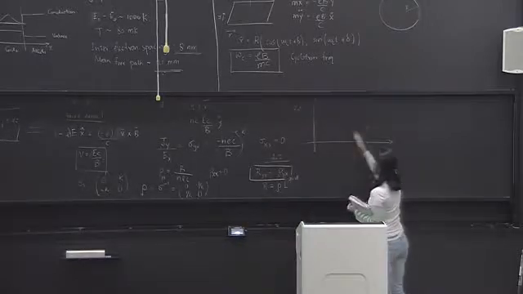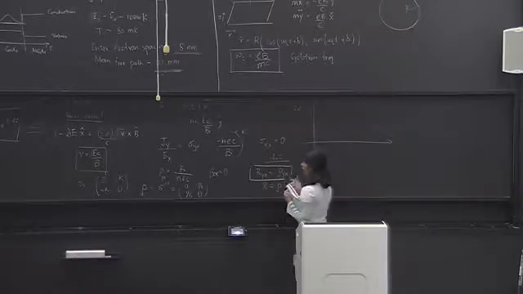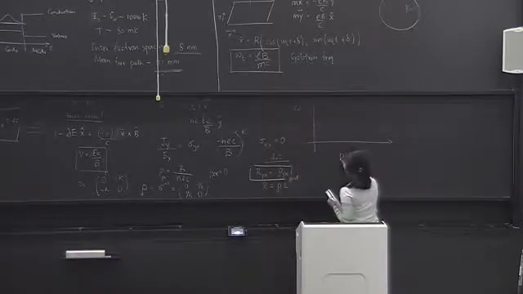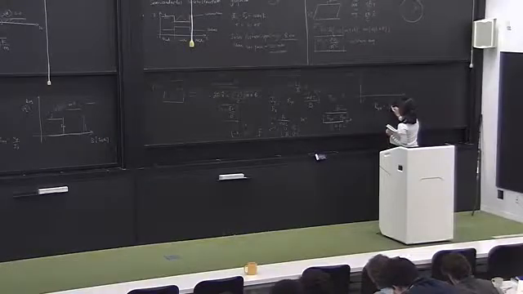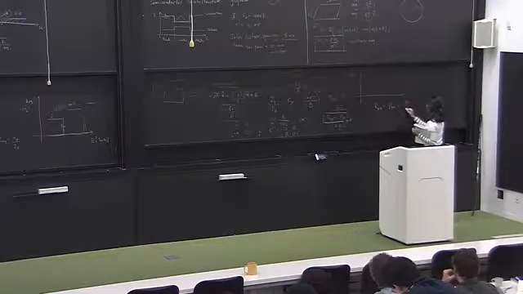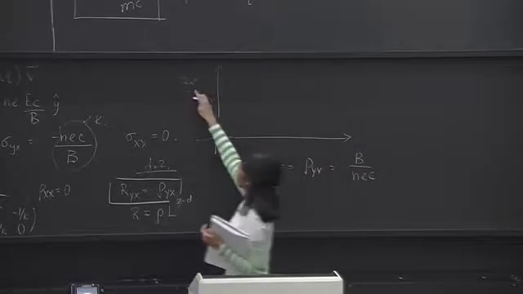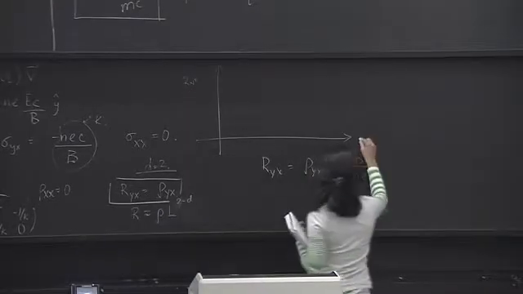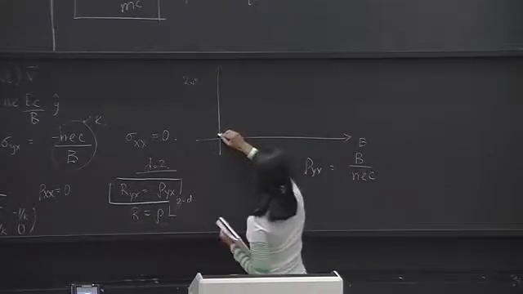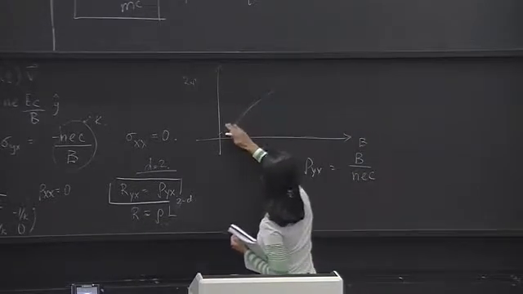So coming back to the plot that we wanted to make, we have that resistivity, which is the same as resistance, is B over nec. So when we plot the resistance versus magnetic field, we're going to find a straight line, which actually goes to 0.